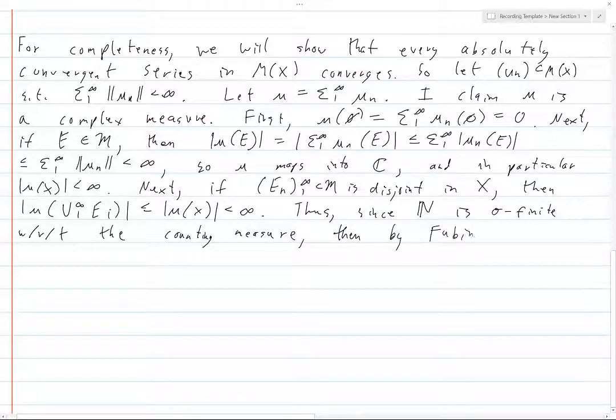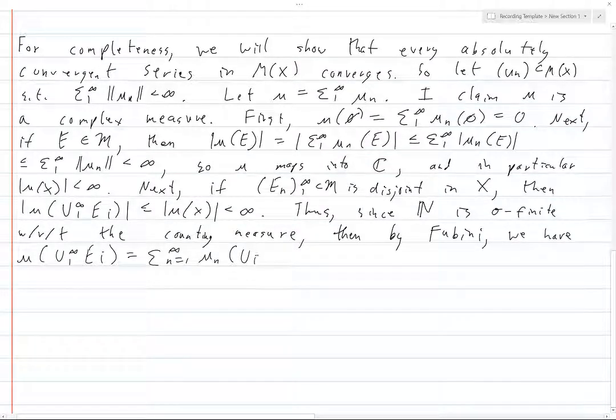Then by Fubini, here, we have the measure of the union from 1 to infinity of E_i is the sum from n equals 1 to infinity of mu_n of the union from 1 to infinity of the E_i's.